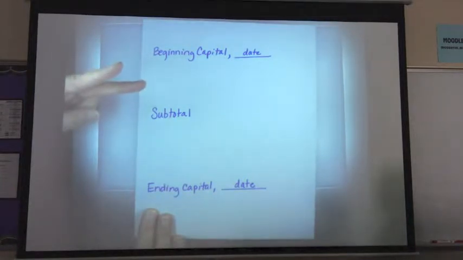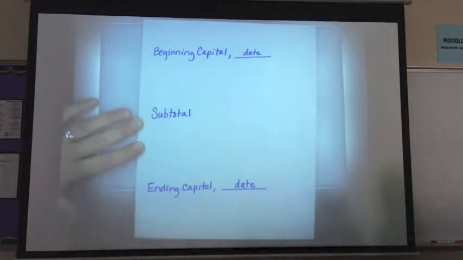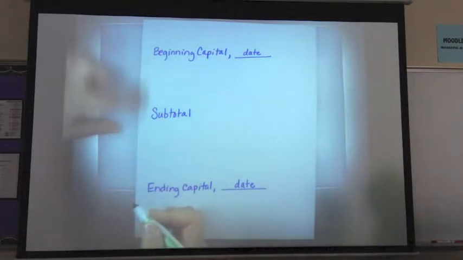However, we're not going to list revenue. What do we get when revenue is greater than expenses? You get net income. So if we had revenue that was greater than expenses, the net income would make our capital go up. So there's three possible lines that could show up in this section right here.